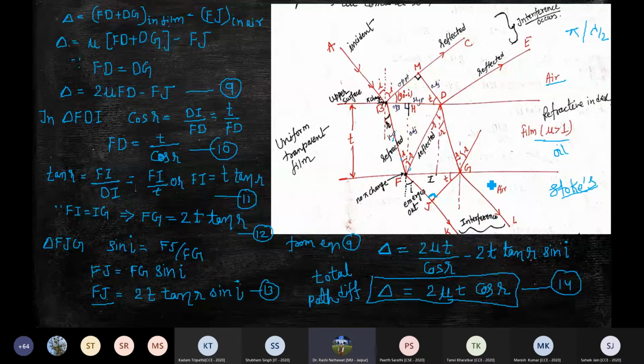If there is no phase difference, no lambda by 2, then whatever path difference we calculate, which is 2 mu t cos r, will be the same. Both the waves will make an interference pattern, but there is something additional: the intensity and the amplitude will not be the same. They are different because one is coming directly out and the other travels a path inside the medium and then comes out, so its amplitude will be reduced.